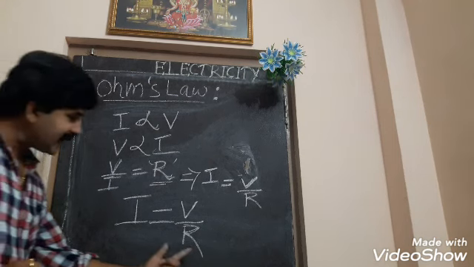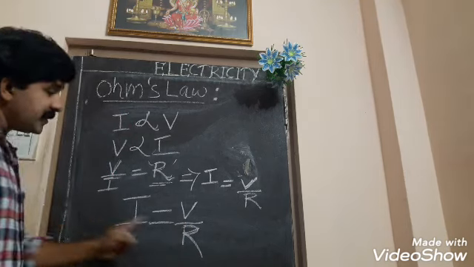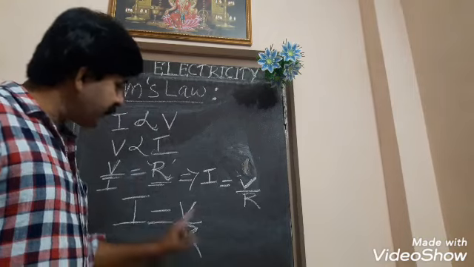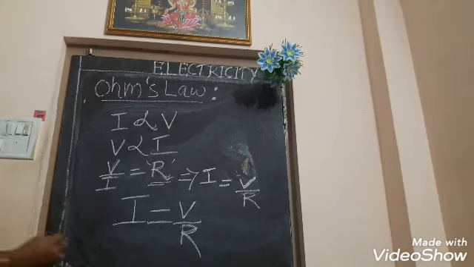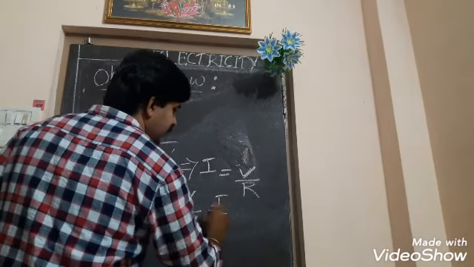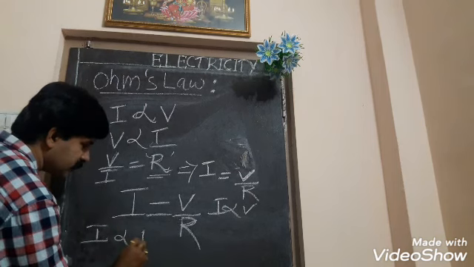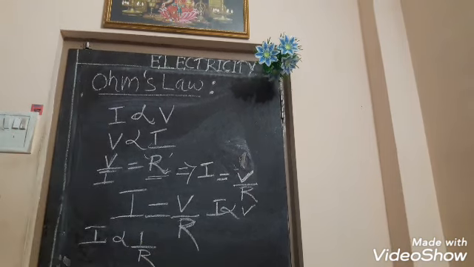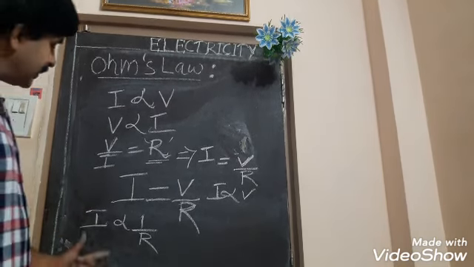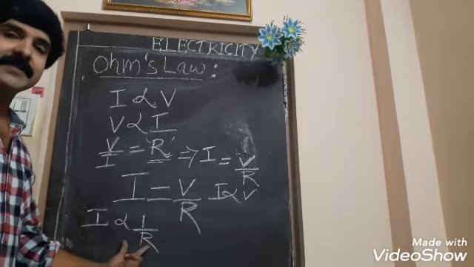Now you take the case of R, which is in the denominator. That denotes it is inversely proportional. Here I is proportional to V, and here I is inversely proportional to R. That means if I is doubled, what happens to resistance?